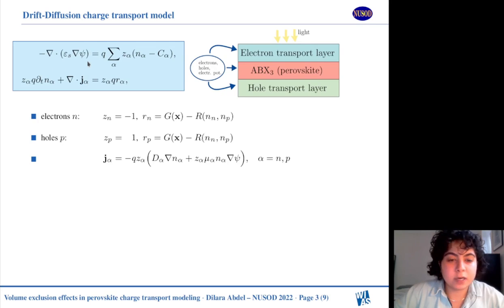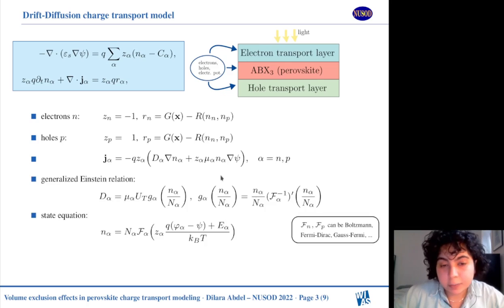The movement of electrons and holes can be described by this current density with a diffusion part here and a drift part here. The diffusion coefficient and the mobility can be related via the generalized Einstein relation, where this function f is called the statistics function and connects the charge carrier density with its quasi-Fermi potential and the electric potential.